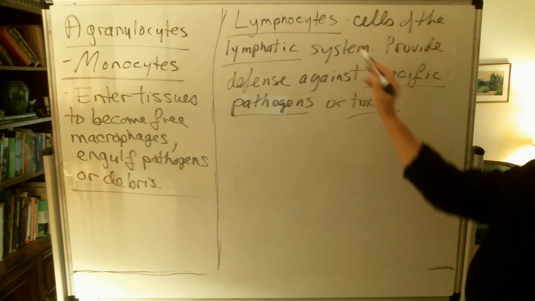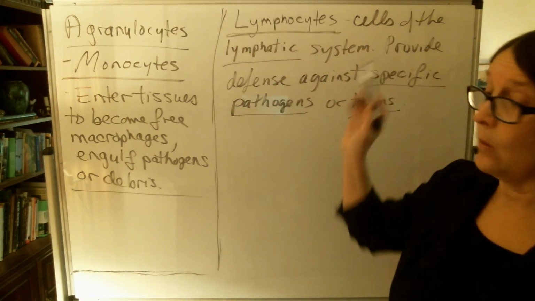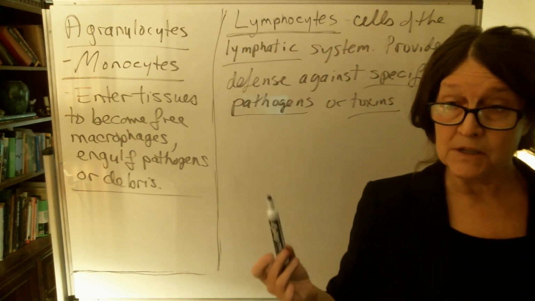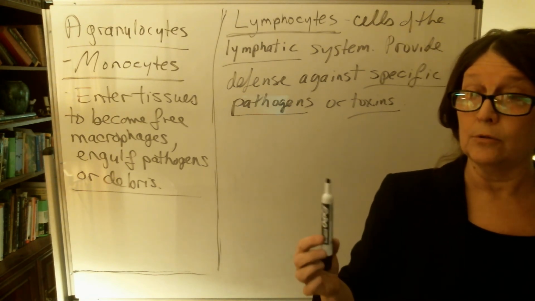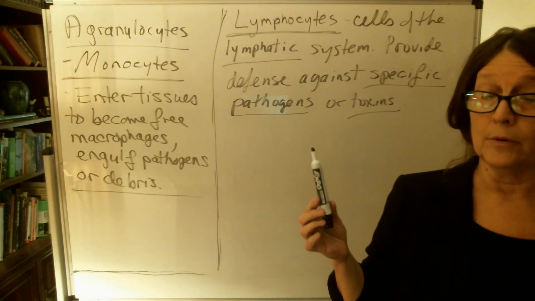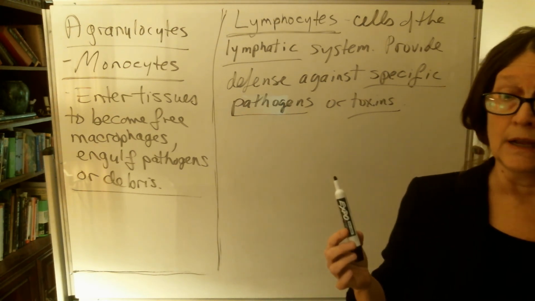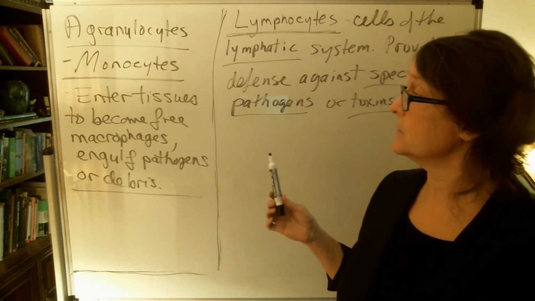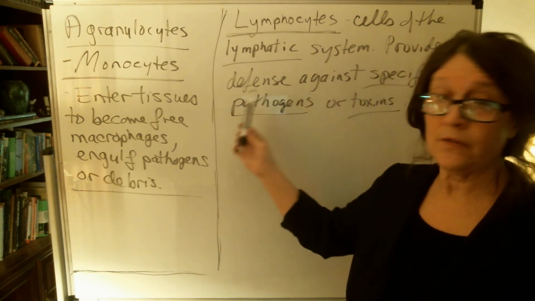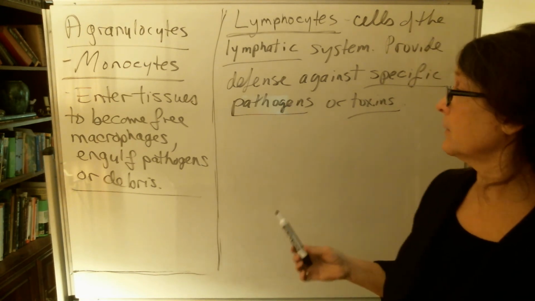Now, one thing to keep in mind about this, so these are the cells that one way or another are responsible for your specific immune response. All the other cells that we've talked about that deal with your immune response are the ones dealing with general immunity. But here we are dealing with specific immunity, with specific antibodies that are released in response to specific pathogens or toxins.